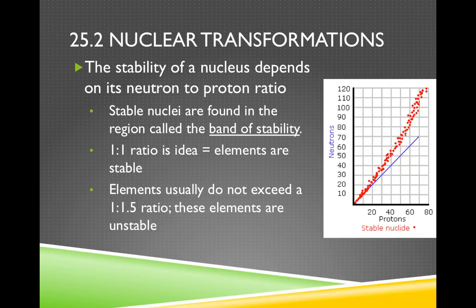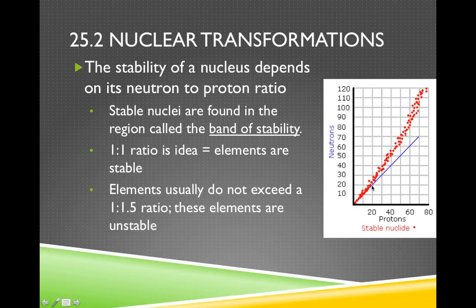And if you notice over here on the right side of the screen, we have a graph of neutrons versus protons. Here are all the dots representing all of the elements, and this blue line right here represents a 1-to-1 ratio. As we start down here with an atomic number of 1 to 10, even to 20, they fall right on that line of a 1-to-1 ratio.